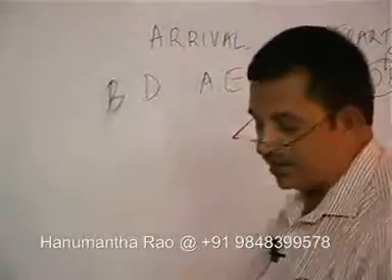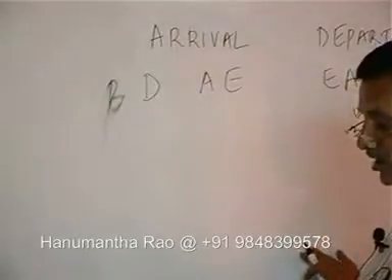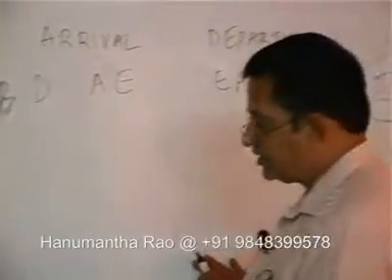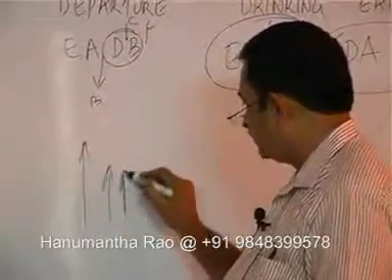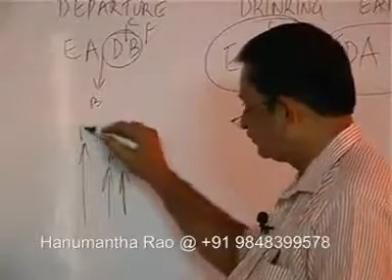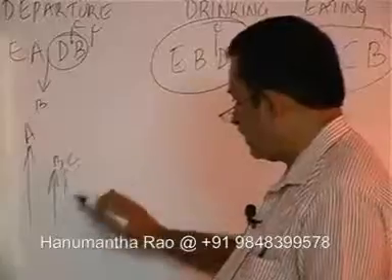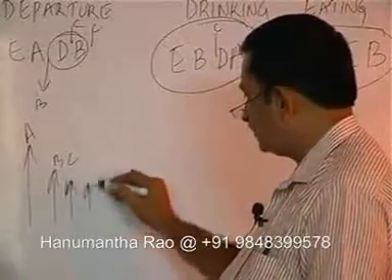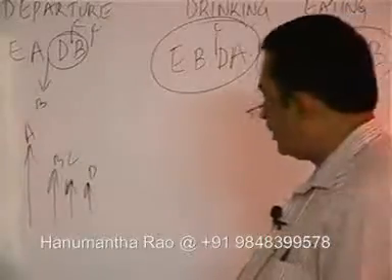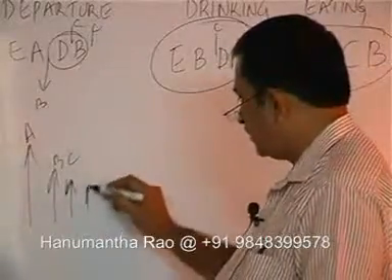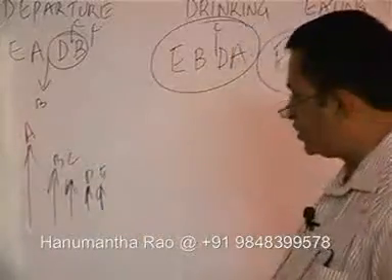Among 5 friends, A is taller than B and C. B is taller than C and D. And C is taller than D and E. Who among them is shortest?